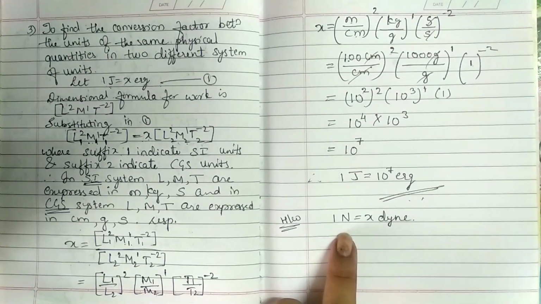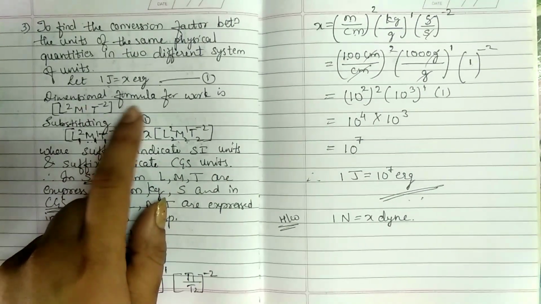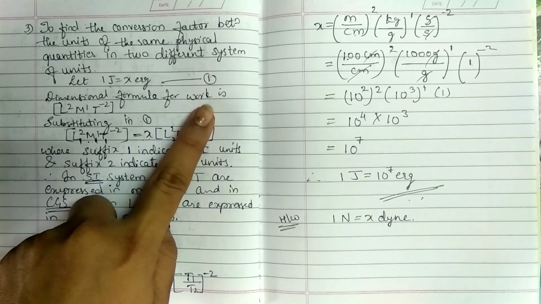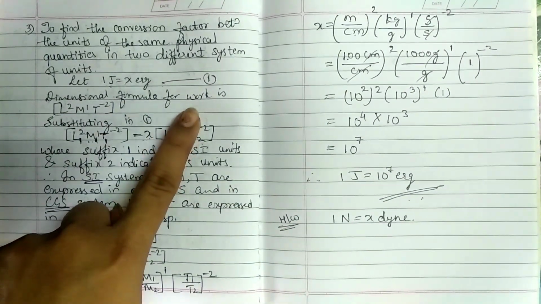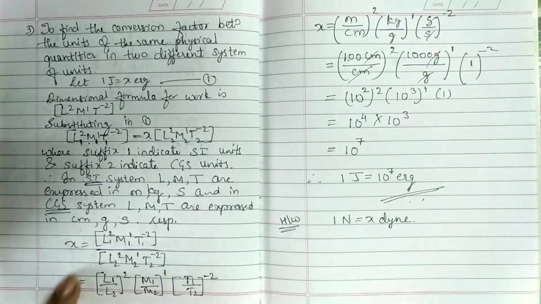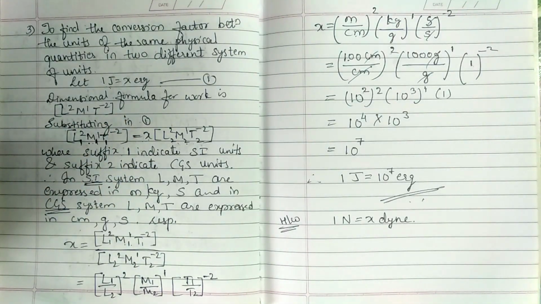Newton is the SI unit of force. So you can take the dimensional formula for force, as I have taken the dimensional formula for work over here, and proceed in the same way and solve this as homework.